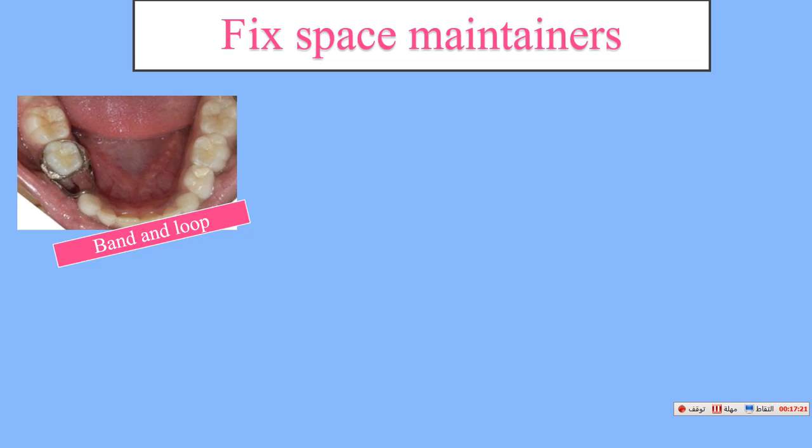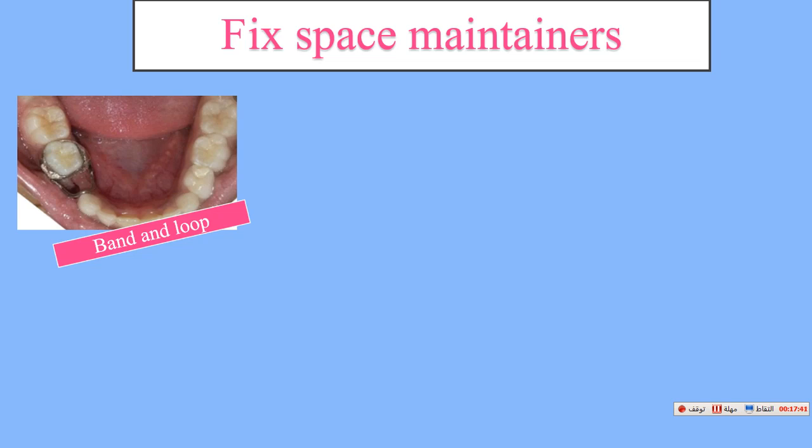Modification of this fixed space maintainer: crown and loop. As seen in this picture, this is band and loop. Band on the first permanent molar to prevent loss of the space, to allow the eruption of the premolar in the correct position as possible, to prevent it from being impacted or deflecting the path of the eruption.